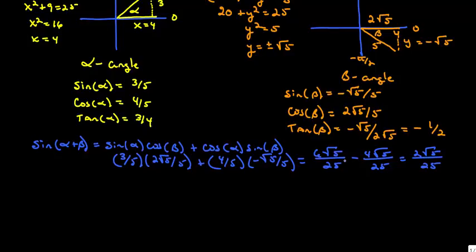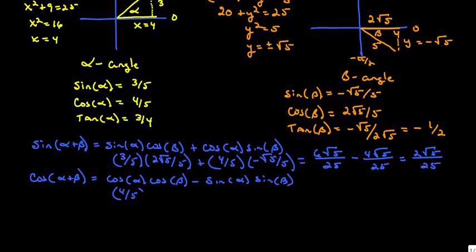Okay, let's keep going. The next one asks me, what is the cosine of alpha plus beta? And that's the cosine of alpha times the cosine of beta minus sine alpha sine beta. So cosine alpha, again, is 4/5. Cosine beta is 2 root 5 over 5. Sine alpha is 3/5.